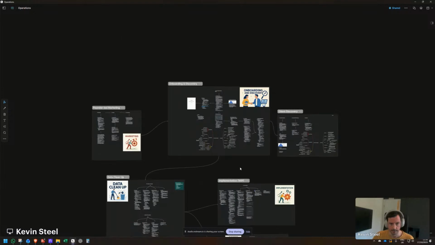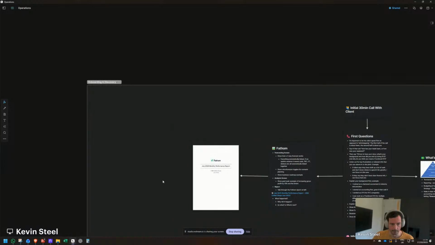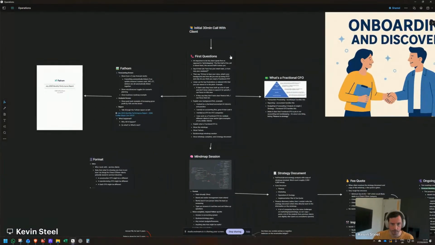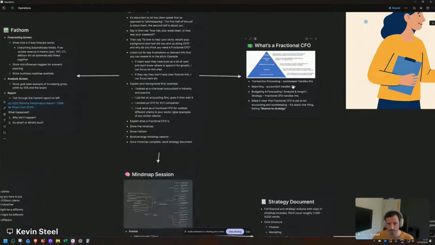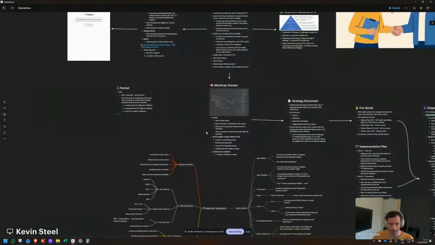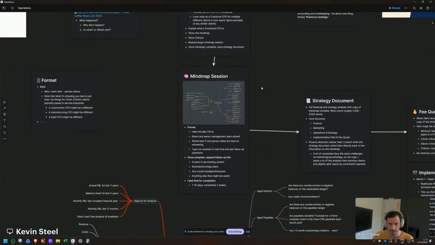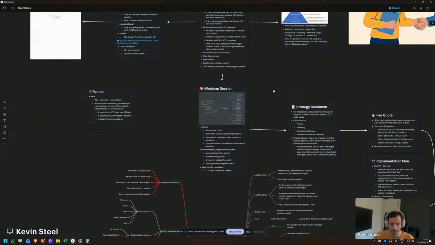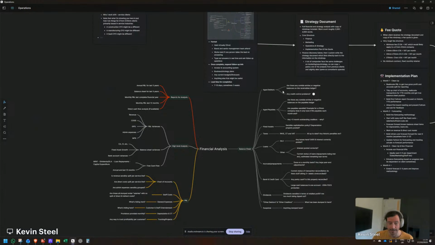But for today, we're going to focus on onboarding and discovery. I will chat through how to approach the first 30-minute call with a client, then explain what actually is a fractional CFO. Then we're going to cover my mind map session, and I'll run you through how I do this. Then how to write a strategy document for a client, and how to analyze their financials at a very high level.